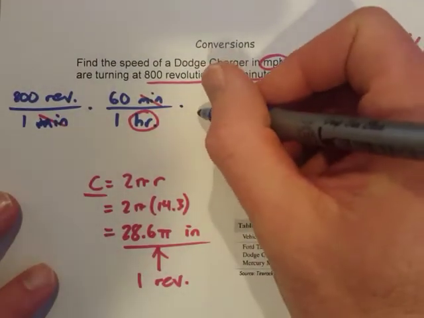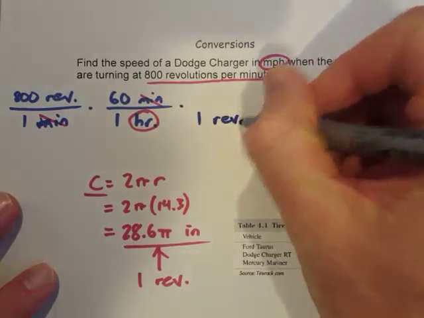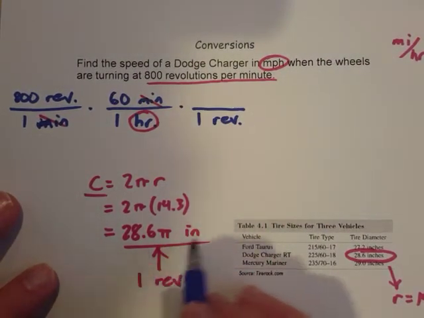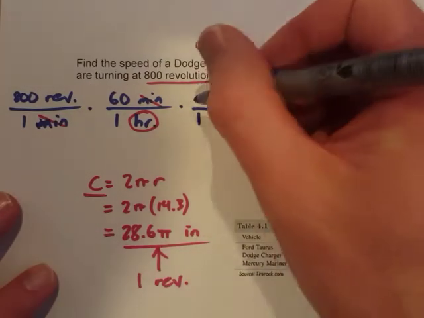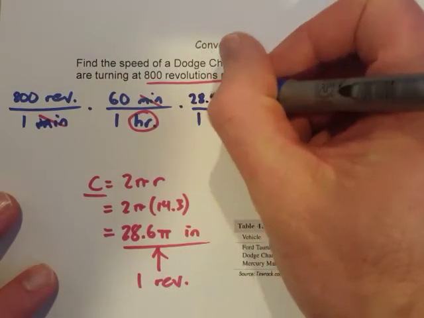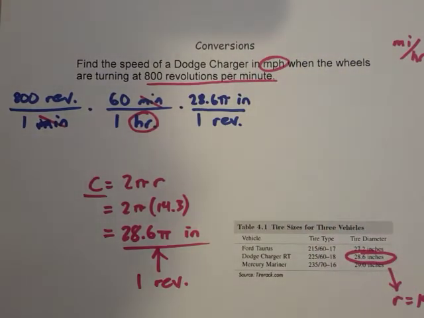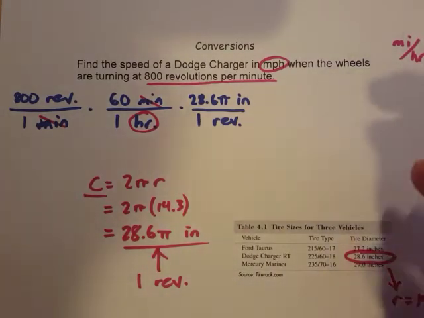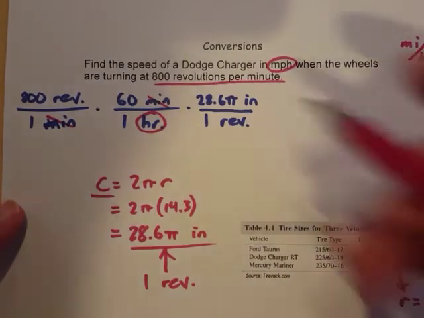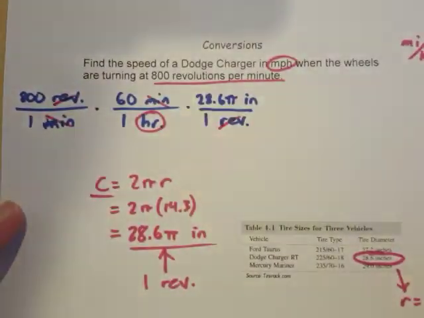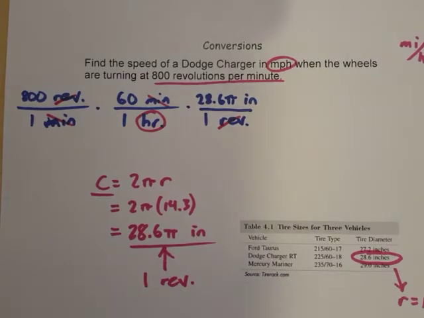So we're going to put 1 revolution on the bottom, and we found out that revolution is 28.6 pi inches. So I'm going to put that right up here. Make sure you put inches in there. So 28.6 pi inches. One of the ideas here is that I wanted to cancel out revolutions, and so I can go like that and that. Revolutions are gone. Now I'm dealing with inches.